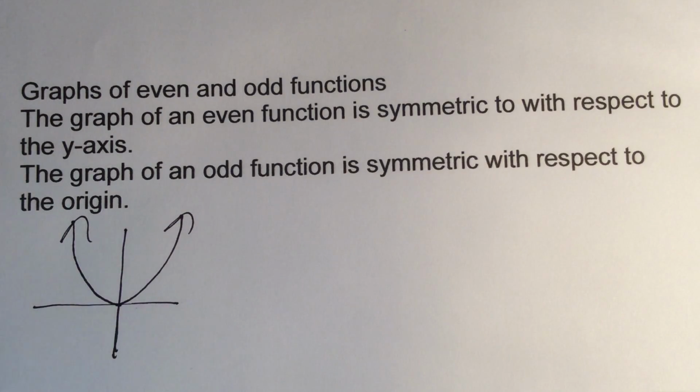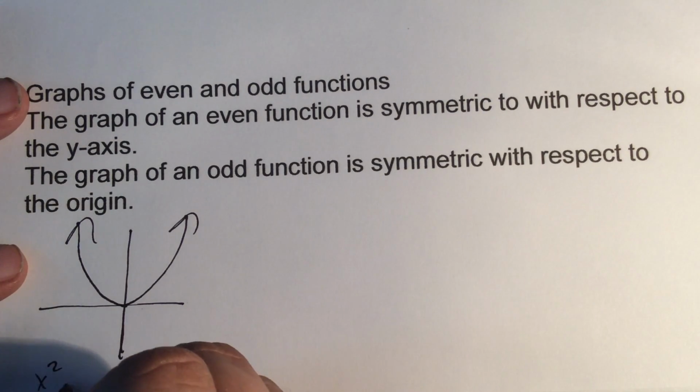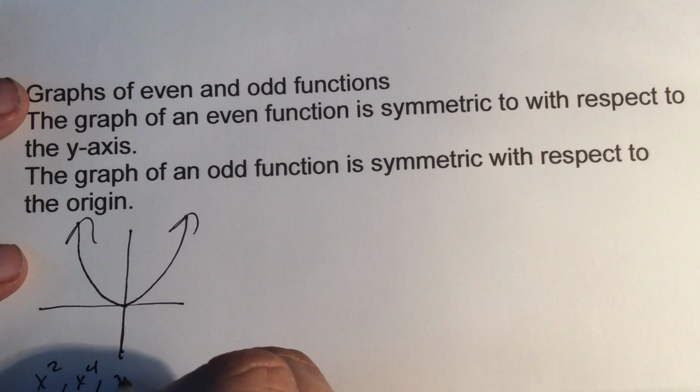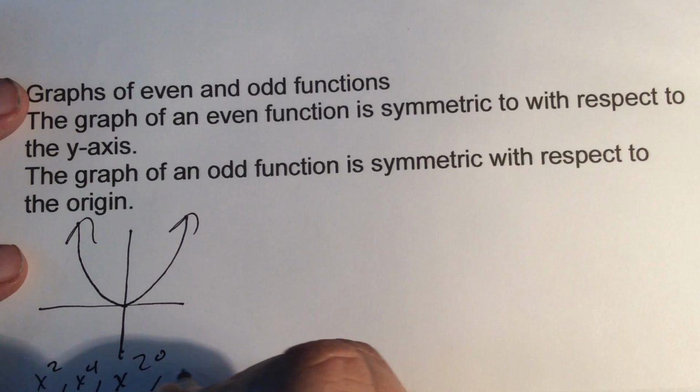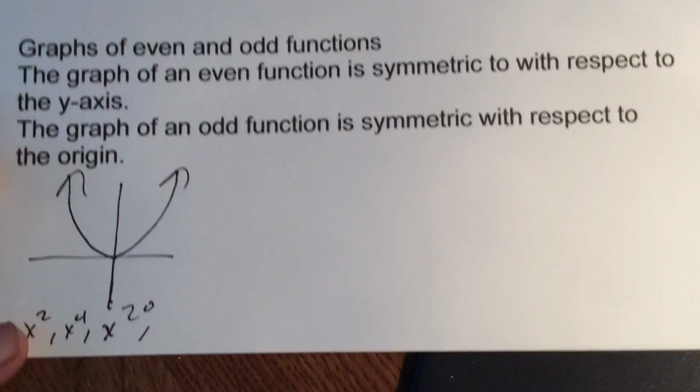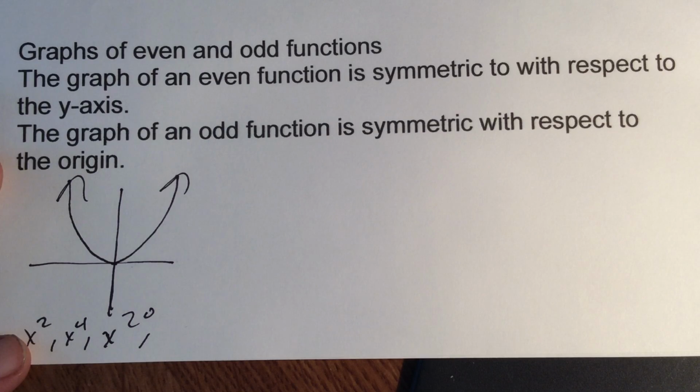So that's y symmetry for an even function. And again, this is like x squared, x to the fourth, x to the 20th, yada yada. Even exponent for all the terms, not just the lead one, but for all the terms.